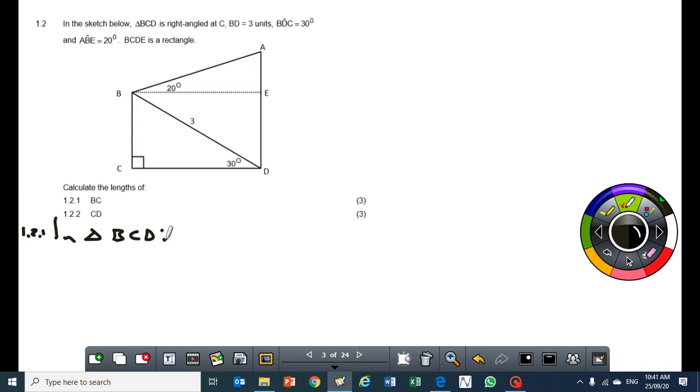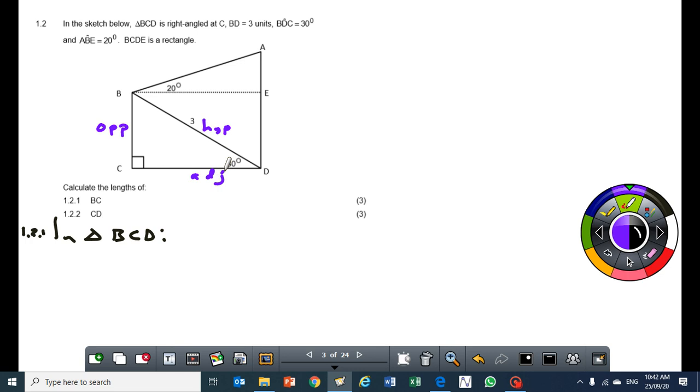In triangle BCD, I can use trigonometric ratios. I have a hypotenuse. So this is my opposite side, which is BC. That's the hypotenuse, and this is the adjacent side.